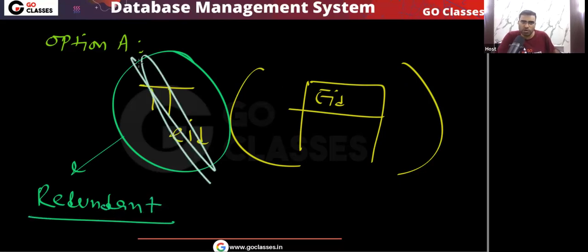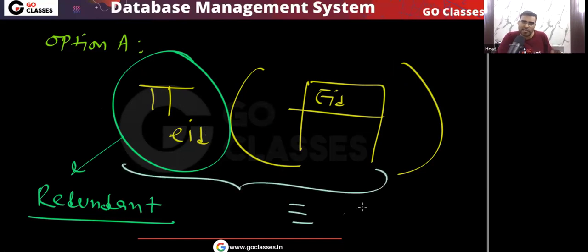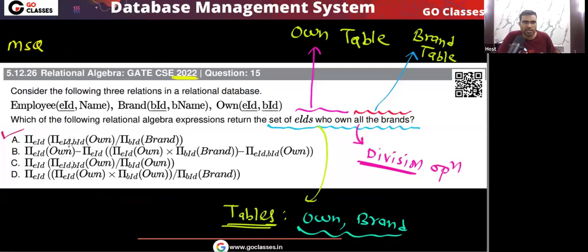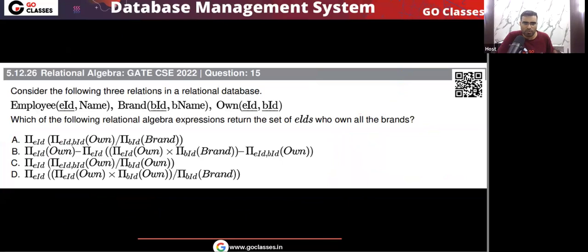Even if you remove this, option A is still correct, but this is also fine. If you project EID, it will be the same as your EID. So I can say option A is correct. Now let's see the remaining options.